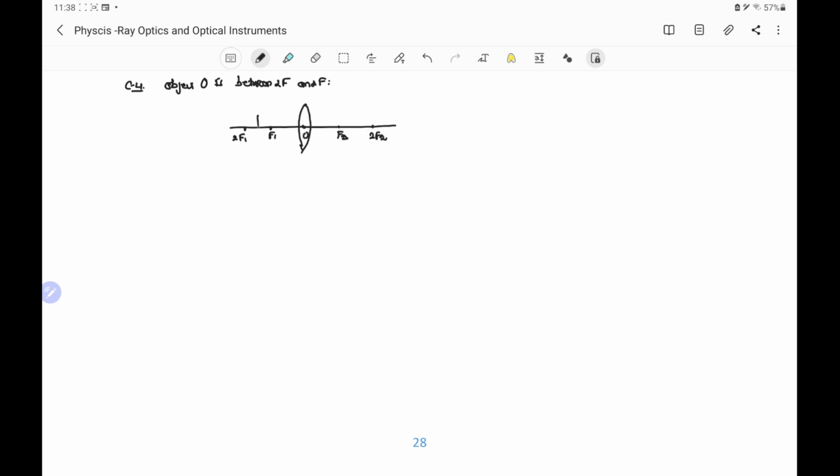Object is in between f1 and 2f1, so one ray is parallel to principal axis. After refraction, it passes through f2. And another ray passes through the optical center, and this ray passes without any deviation, and the image is formed behind the 2f2.